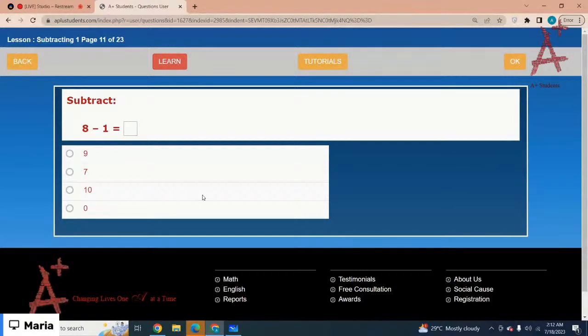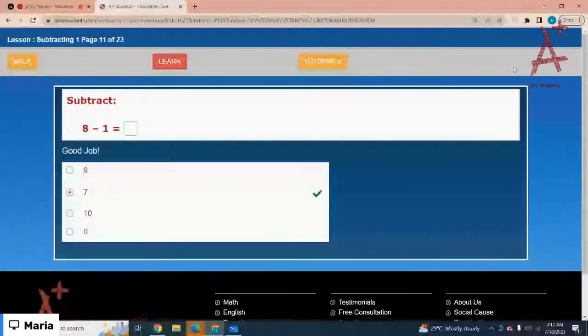So 8 take away 1 is 7. The correct option is 7. You can go back by one number, so that would be 7.